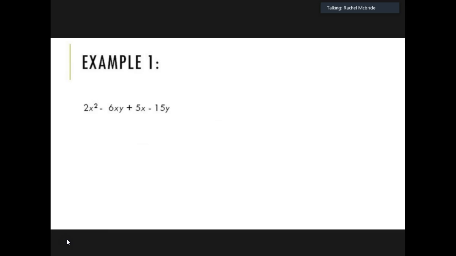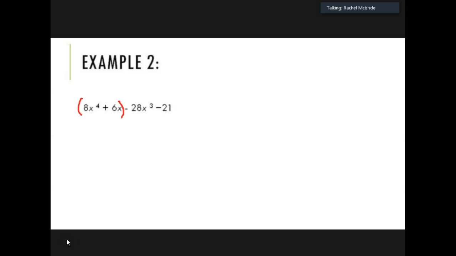Let's try another example. So we have 8x to the 4th plus 6x minus 28x cubed minus 21. Now, you have to be cautious when you do your grouping here. So we're going to group the first 2 terms.